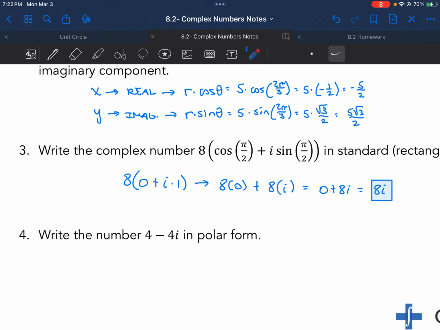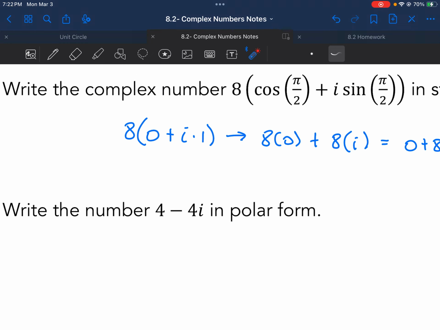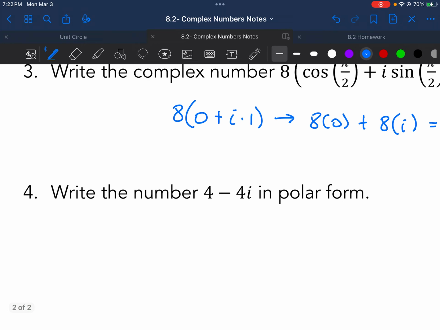Okay? And then finally, number 4, write the number 4 minus 4i in polar form. So we want to write it in polar form. We need r and theta. Remember that this is in rectangular form. As a point, this would be 4, negative 4, like an xy coordinate pair.